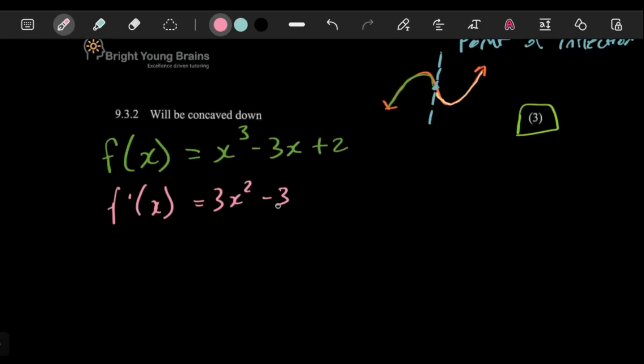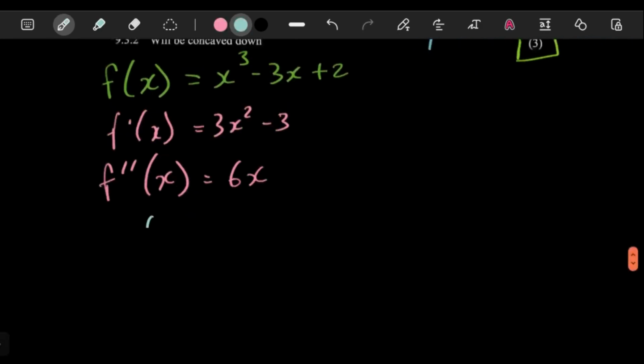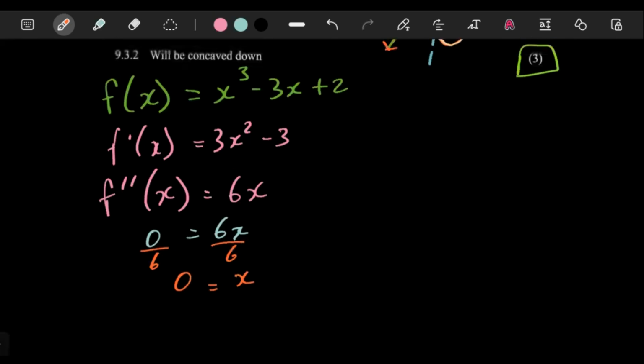Differentiating again, we get 6x. Making this equal to 0 and dividing by 6, x equals 0 divided by 6, which is 0.